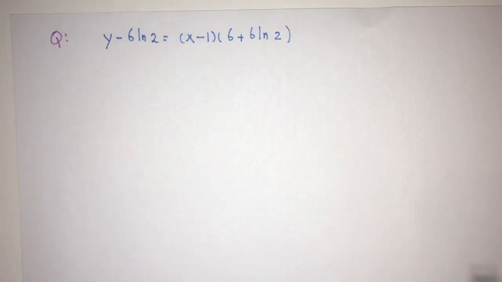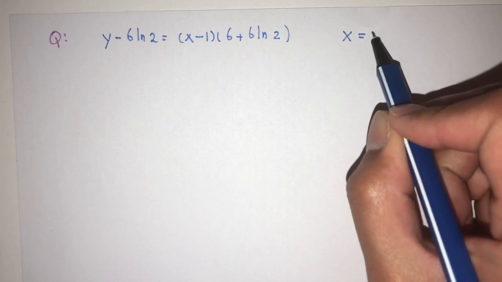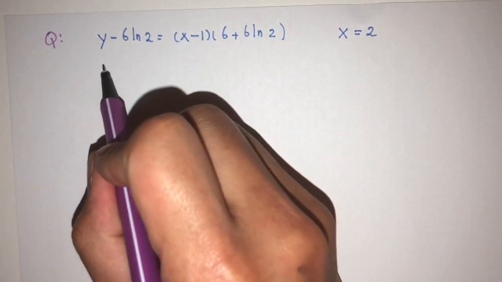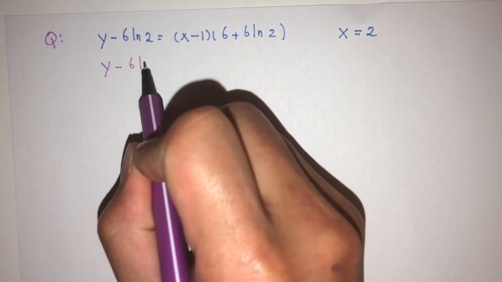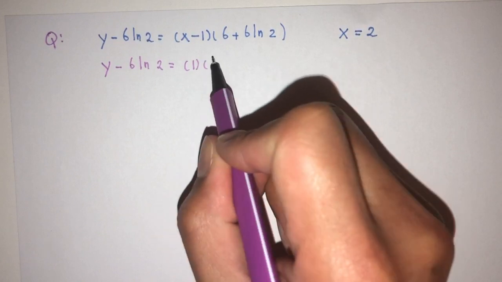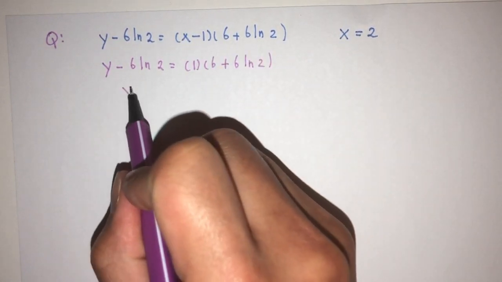To find the point Q, we know the tangent has to meet the line x equals 2. So replace that in my equation. Let's see what happens. You will have y minus 6 ln 2 equals, 2 minus 1 is 1, then we have 6 plus 6 ln 2. Simplify.